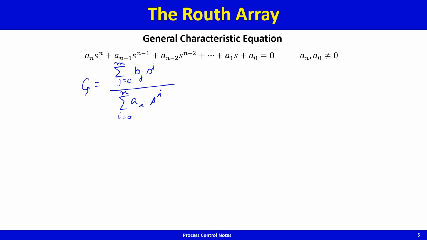So this is the denominator of the transfer function, and with the denominator polynomial equal to 0, the roots are the poles of that transfer function. So the general characteristic equation is the denominator polynomial of the transfer function going to 0, and so this is coming from here.